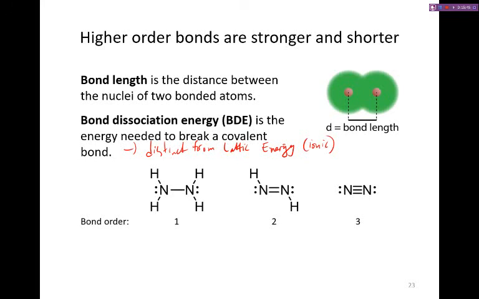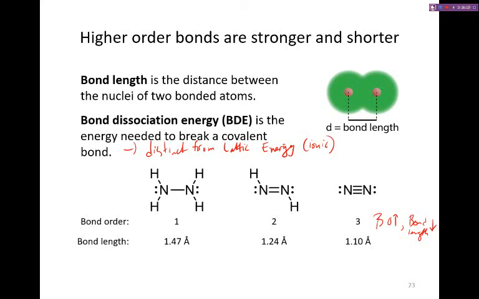In this case, we've already talked about bond order. And when you take a look at the measurable values for bond length, what we see is that there's an inverse relationship. That is, as the bond order increases, the bond length decreases.